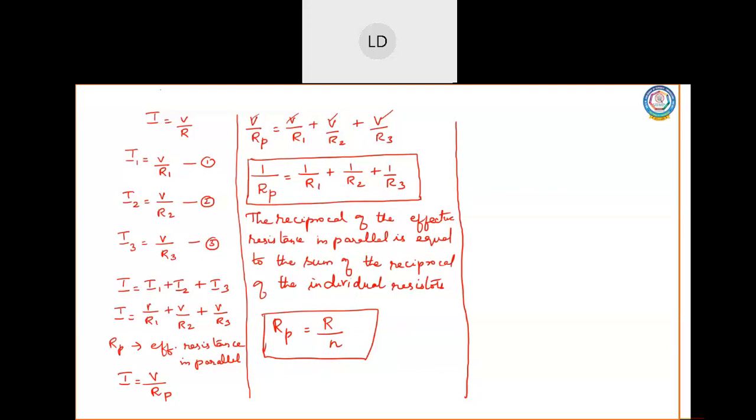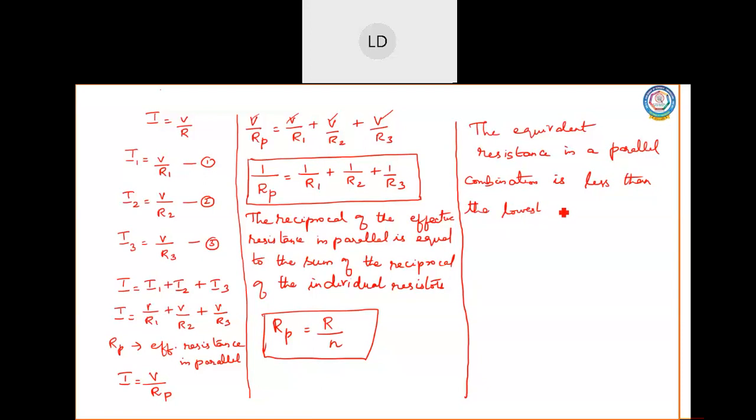Now, one more point I should discuss is the equivalent resistance. The equivalent resistance in a parallel combination is lesser than the lowest of the individual resistances.